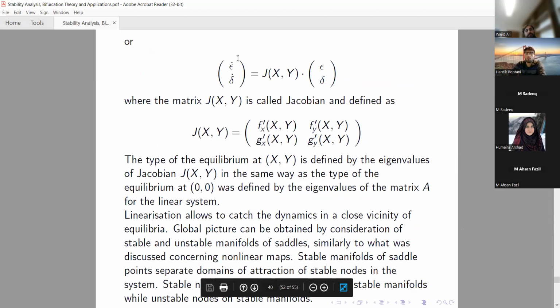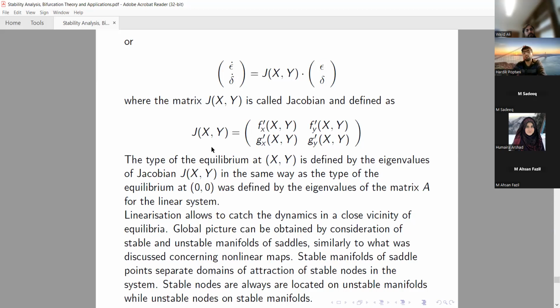We can also write this as a Jacobian matrix with f_x(x, y), f_y(x, y), g_x(x, y) and g_y(x, y). Now, the type of equilibrium is defined by the eigenvalues of this Jacobian matrix, the same way as we find for the equilibrium at (0, 0) for a linear system.